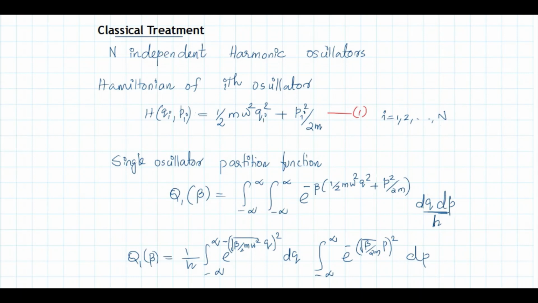Now q1 of beta is 1 by h, which will come outside, integral minus infinity to plus infinity, e raised to minus square root of beta by 2 m omega square q the whole square dq, integral minus infinity to infinity e raised to minus square root beta by 2m p the whole square dp.